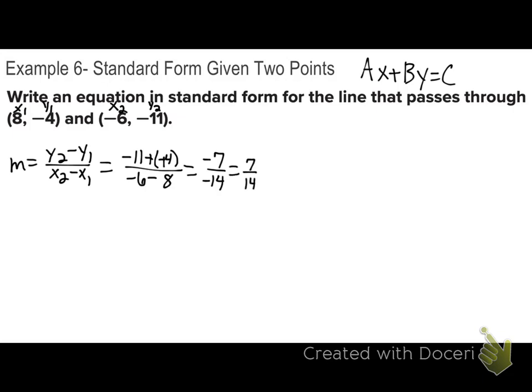Can 7 over 14 be reduced? Yes. What are 7 and 14 both divisible by? 7. 7 divided by 7 is 1. 14 divided by 7 is 2. My slope of this equation is going to be 1/2. Of course, it would be a fraction since we can't have fractions for standard form. We okay with that? Okay, where would you go from here?